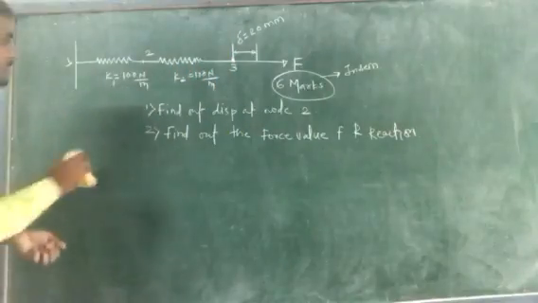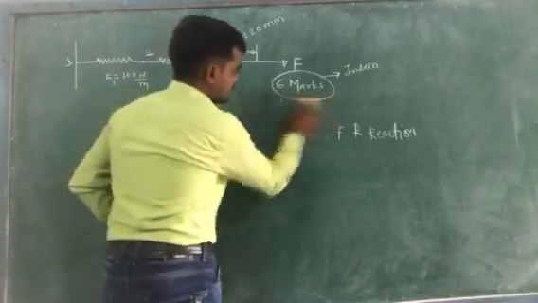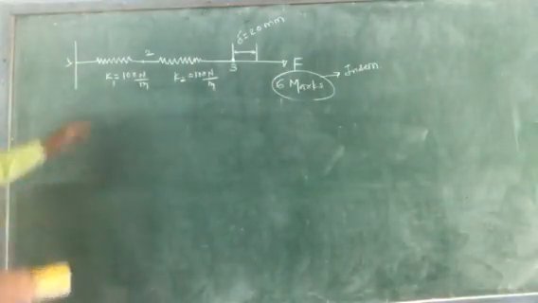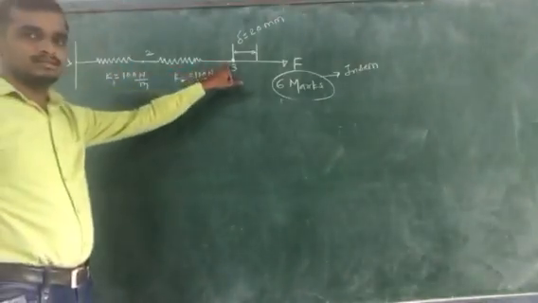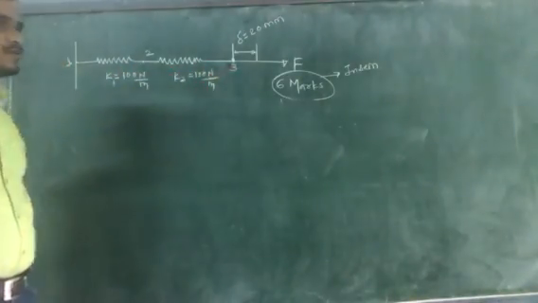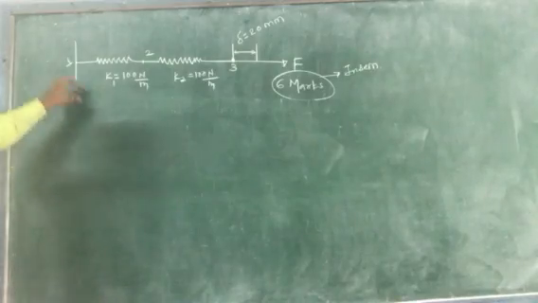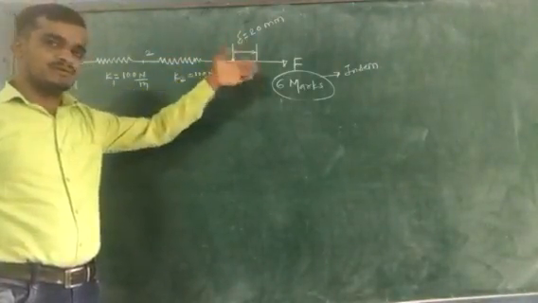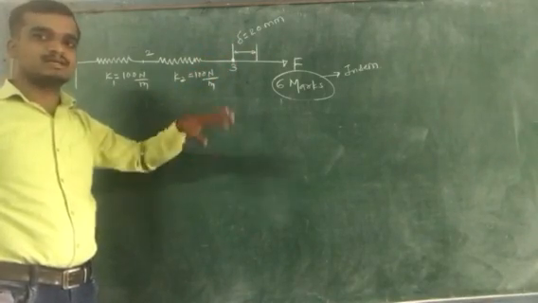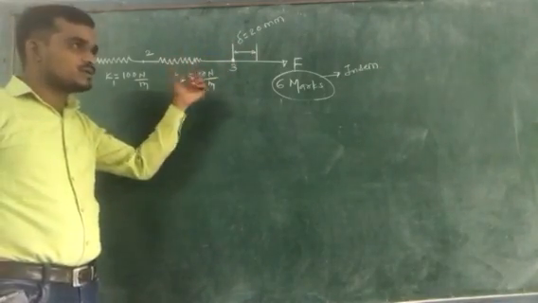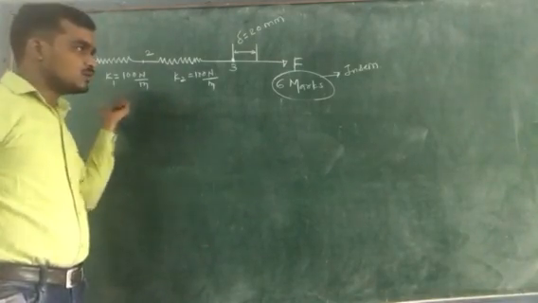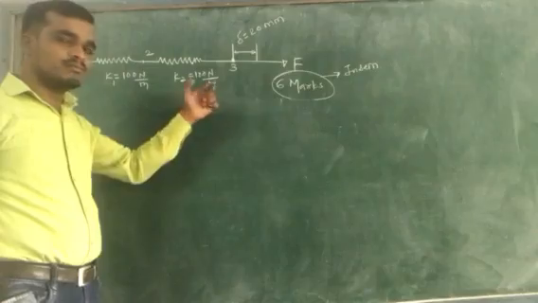The spring system contains 3 nodes, 1, 2 and 3. So the first step is to convert this real life problem into a finite element problem, meaning converting it into a discrete problem by dividing the entire domain into a number of elements.